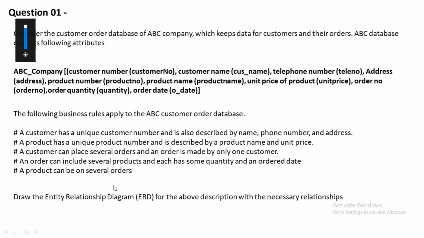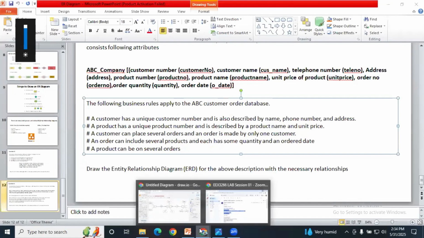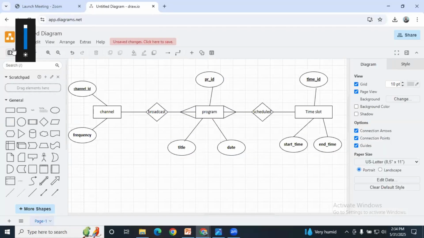According to that, you can define that it has three entities. So the entities are customer, product, and order. So you can go to this one.